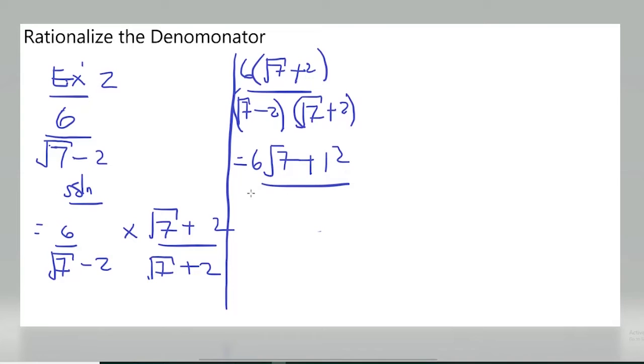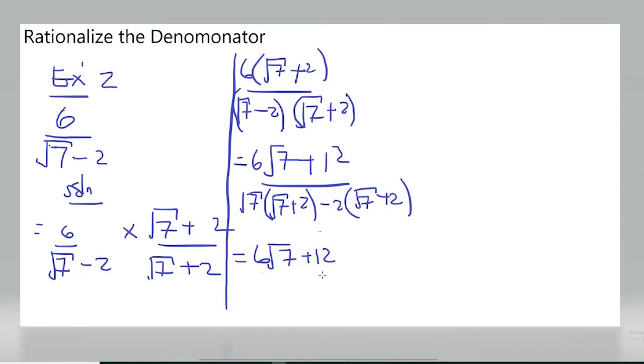Then this will be equal to 6 root 7 plus 12 over.